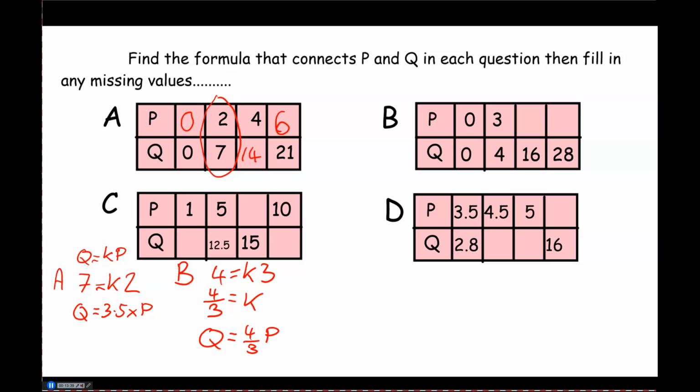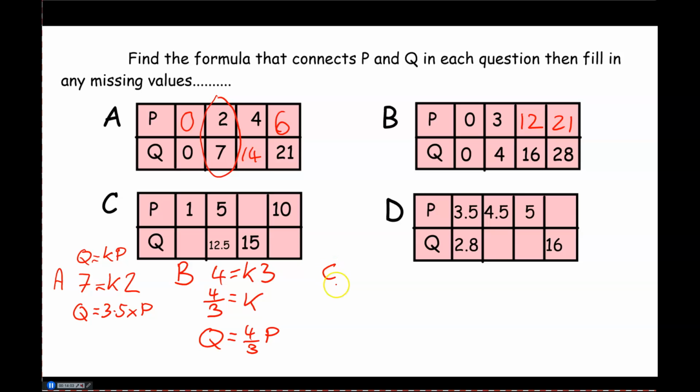So 16 divided by my previous answer gives me 12. And then 28 divided by 4 over 3 gives me 21. Just by rearranging this, really, I'm just substituting the Q values into here. Okay, hopefully you're getting these and it's making sense.